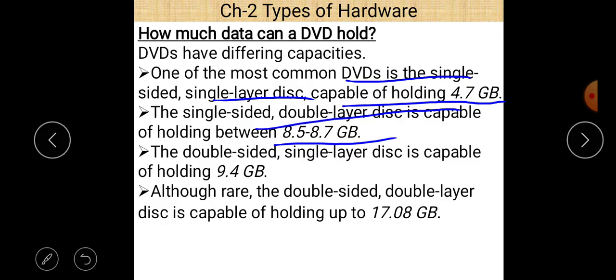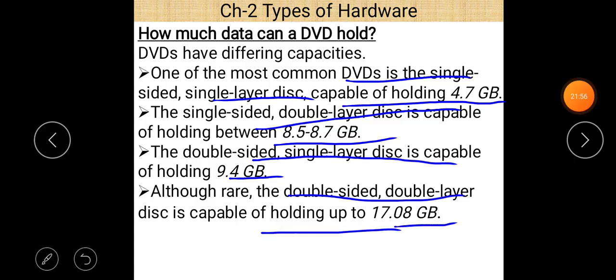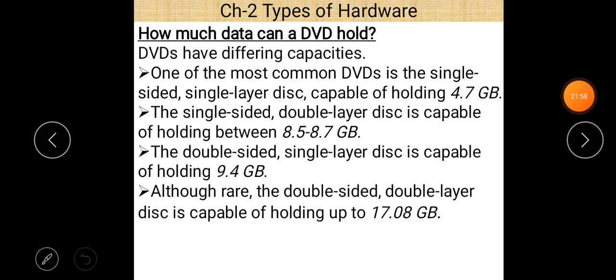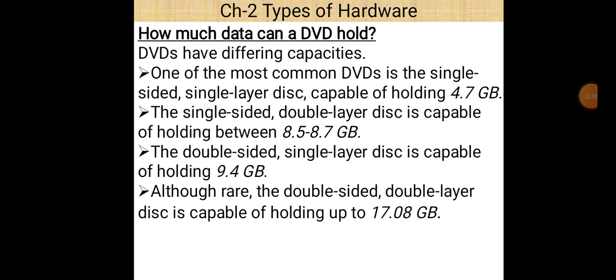The double-sided single layer disc is capable of holding 9.4 GB of data, and the double-sided double layer disc is capable of holding up to 17.08 GB of data. So these are the different sizes, and the most common size of DVD is 4.7 GB.